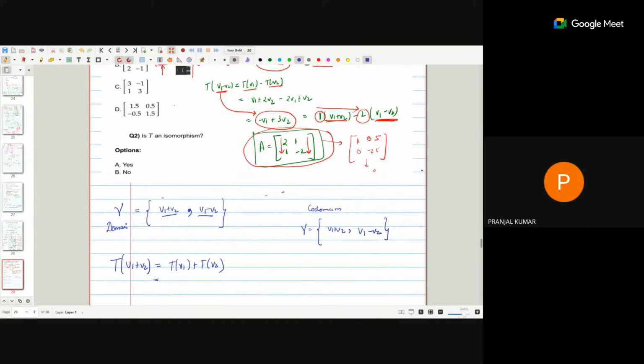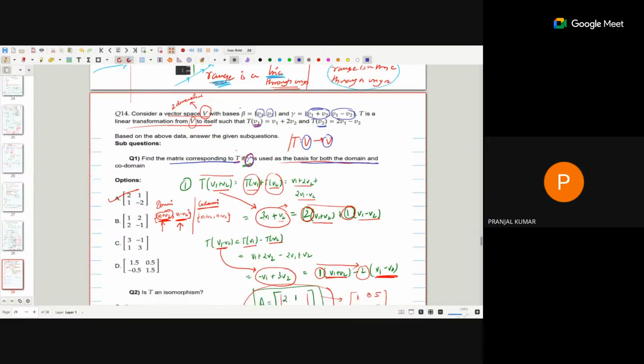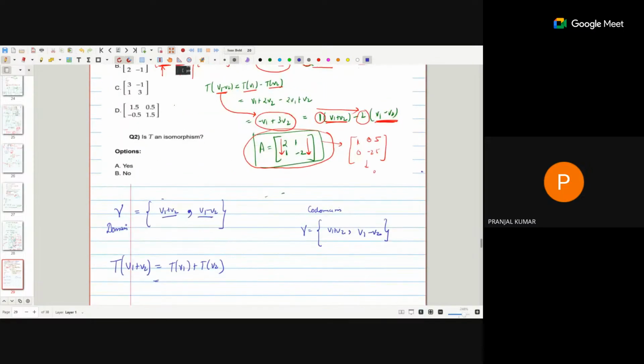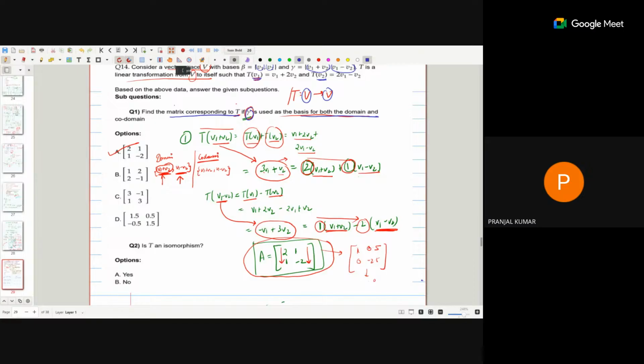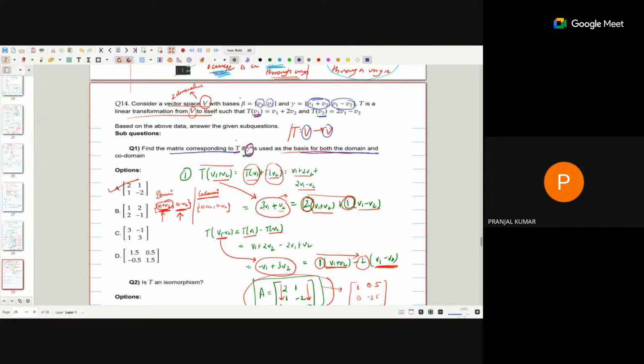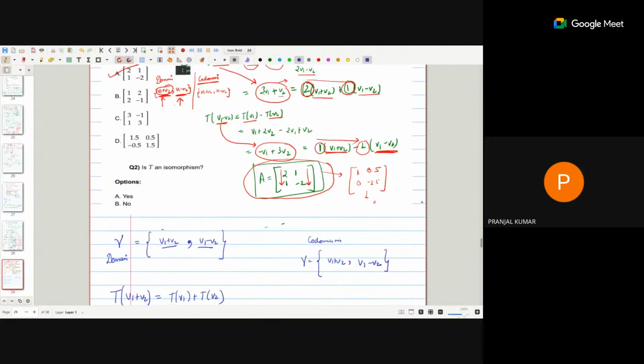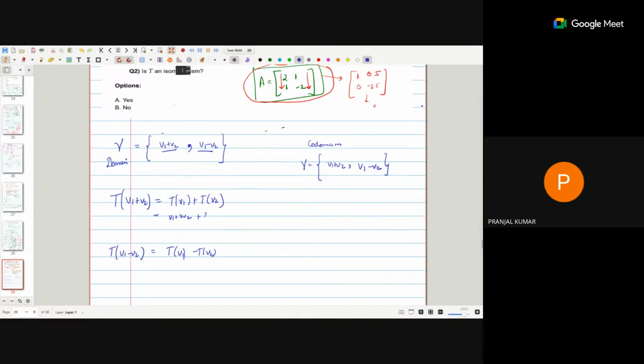So what is T of V1? T of V1 is V1 plus 2V2, plus T of V2, which is 2V1 minus V2. Now add them, you will get 3V1 plus V2.